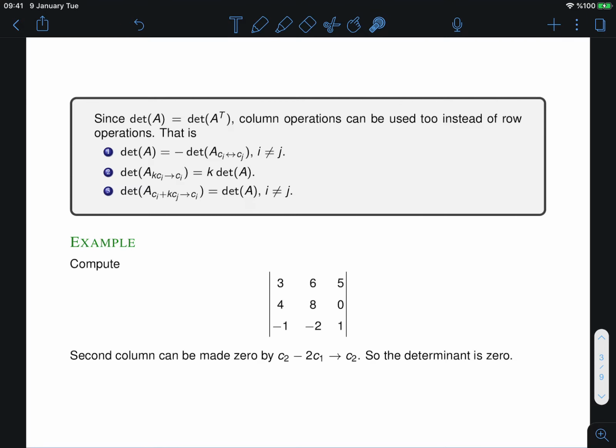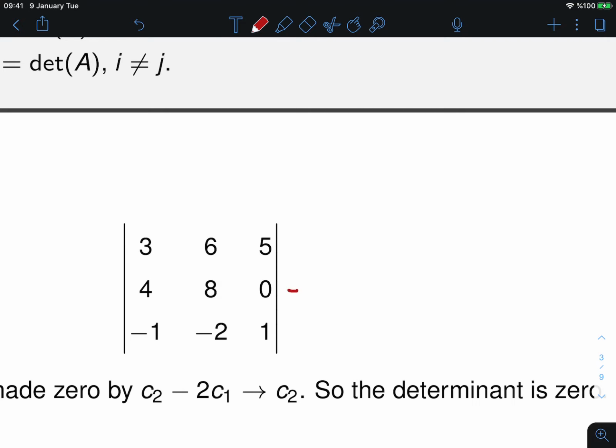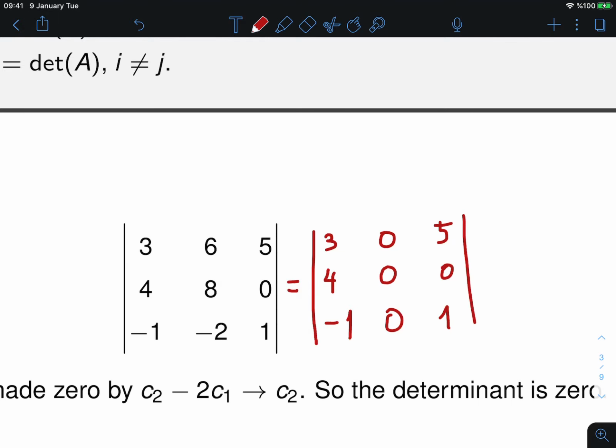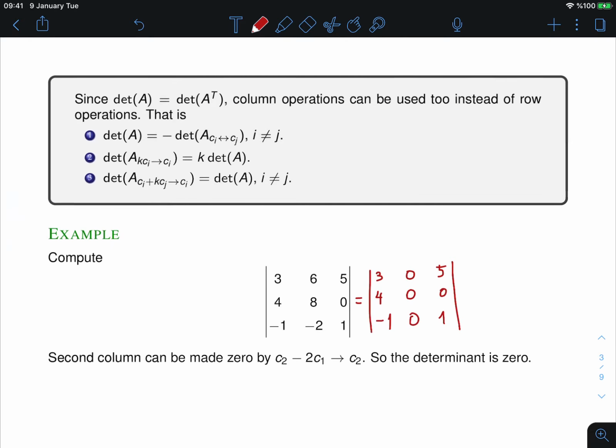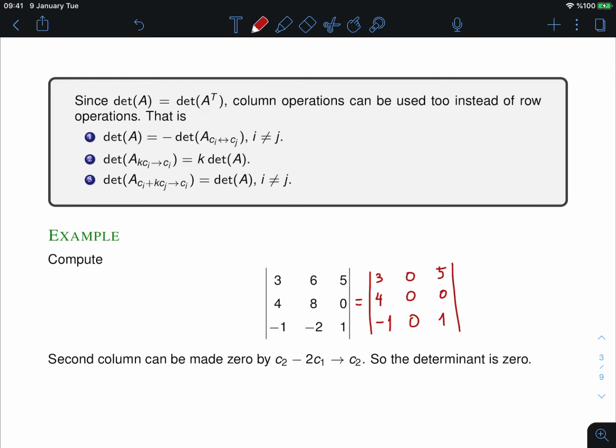We get 3, 4, -1, and then 0, 0, 0, and then 5, 0, and 1. So we get a column consisting of only zeros. We have seen that this will give us 0 determinant. So this equals 0.